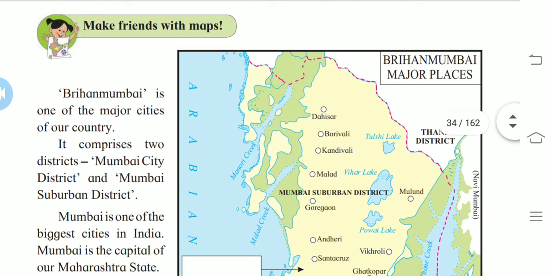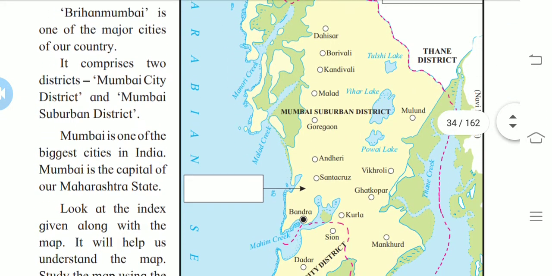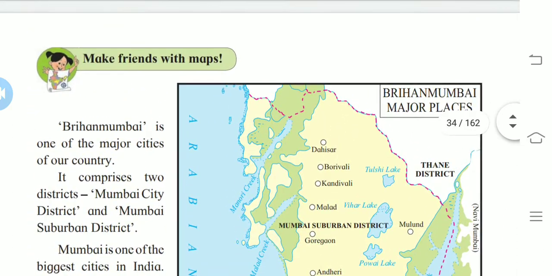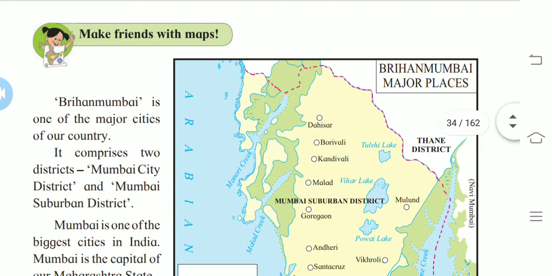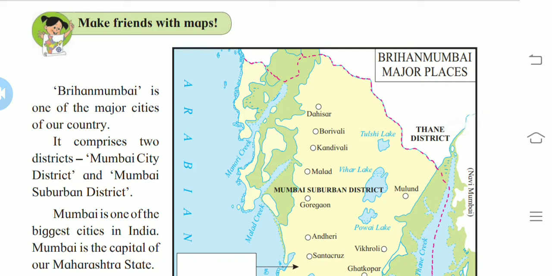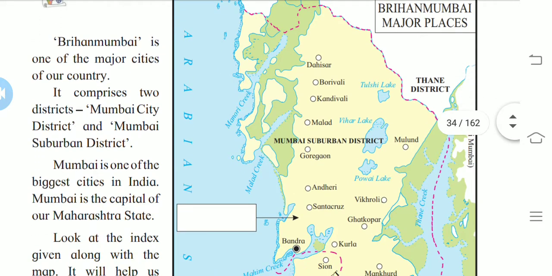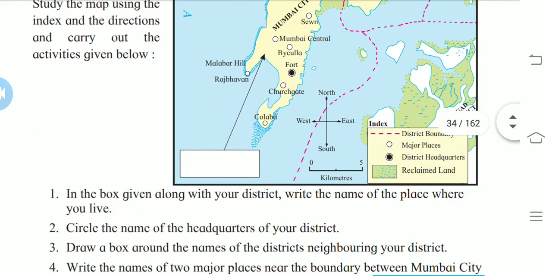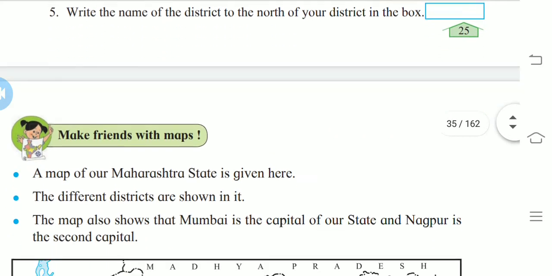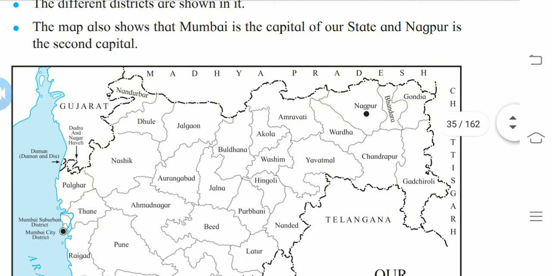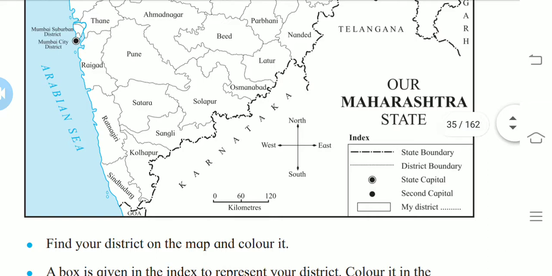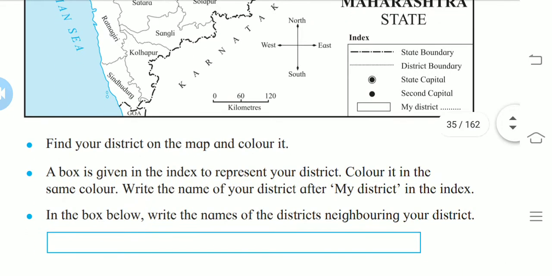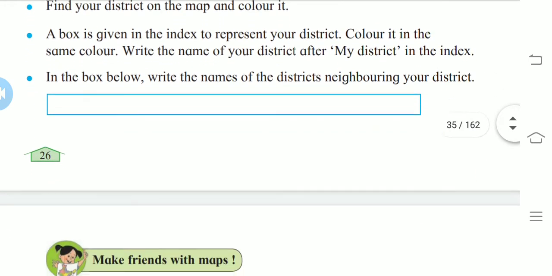Now, below the lesson explained, there are maps given. First, there is a map of Brihan Mumbai. This is an activity. Then there is again a map of Maharashtra given for students to read the map and answer the questions.